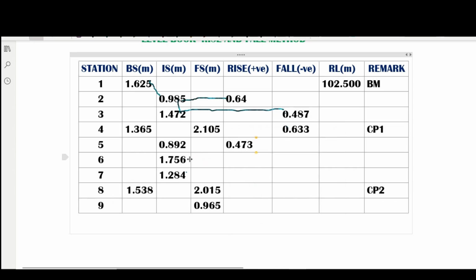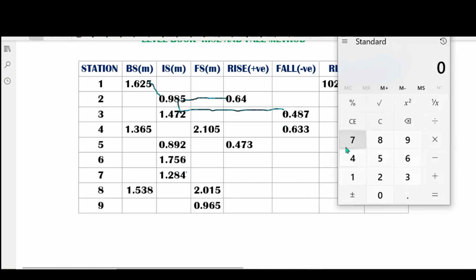Okay, now let's go to this minus this too. 0.892 minus 1.756, which is going to give us a negative number.